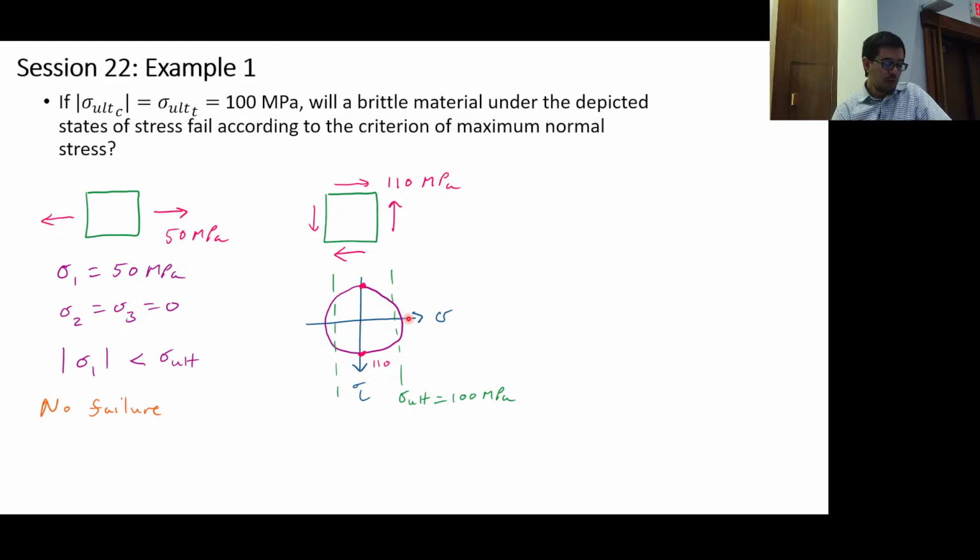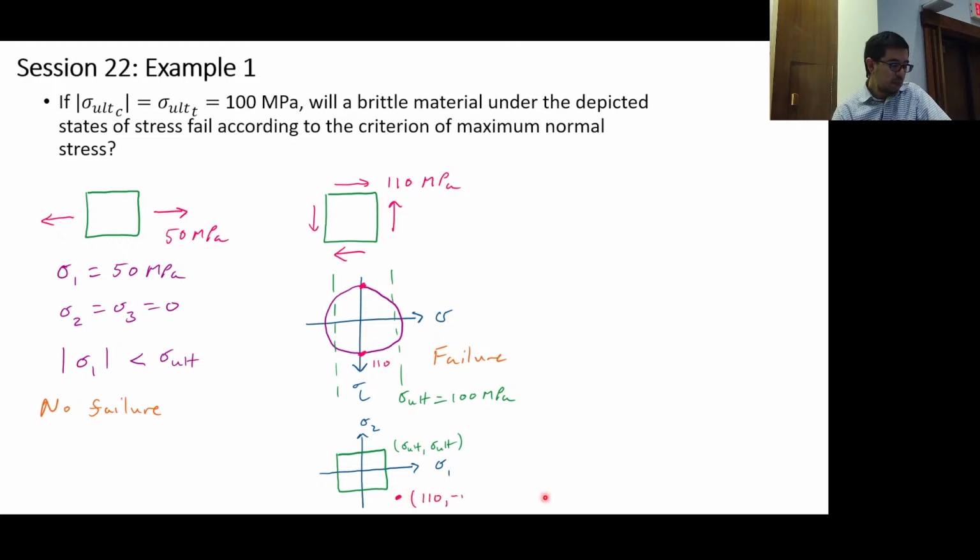So now we draw the circle, and sigma ultimate, we draw the goalposts here, and uh-oh, that's not good. You see that? We can find an equivalent state of stress at this location, which is outside the goalposts, and that will cause failure. So we say failure. And if we were to draw the sigma 1, sigma 2 box, we have sigma ultimate here, ding, ding, ding, and this is sigma ultimate, comma, minus sigma ultimate.